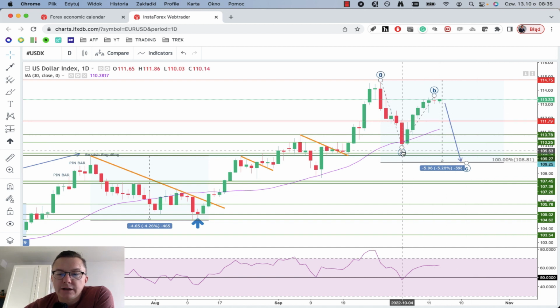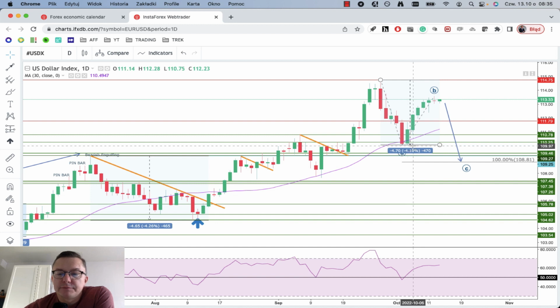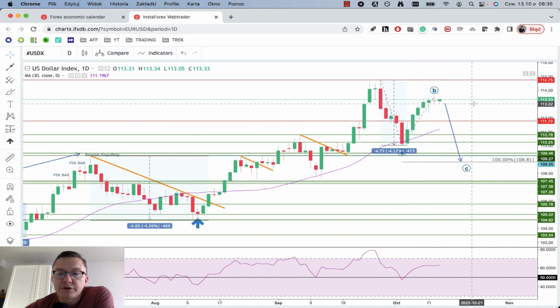Instead, the low of the wave A might be the overall technical correction target. So this might be only minus 4.10% so far. This is the current outlook for the US dollar index.